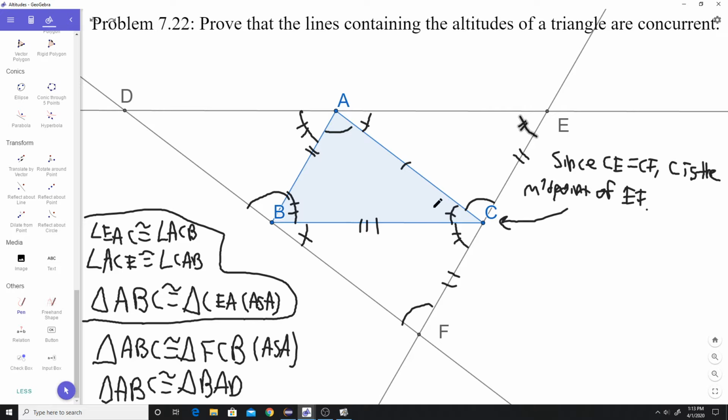So the 1 tick mark angle and the 2 tick mark angle is BC on the triangle ABC. So that means that this side has 3 tick marks. And if I look at DA, then this angle has to be the 1 tick mark one, and we get the same thing, that this has to be the 3 tick mark side, which means that A is the midpoint of DE.